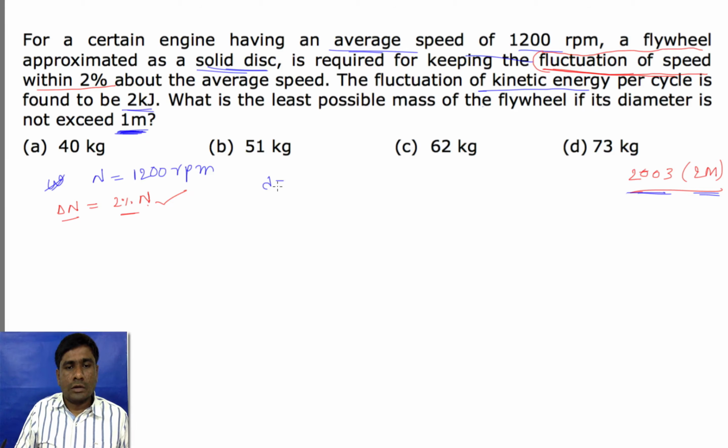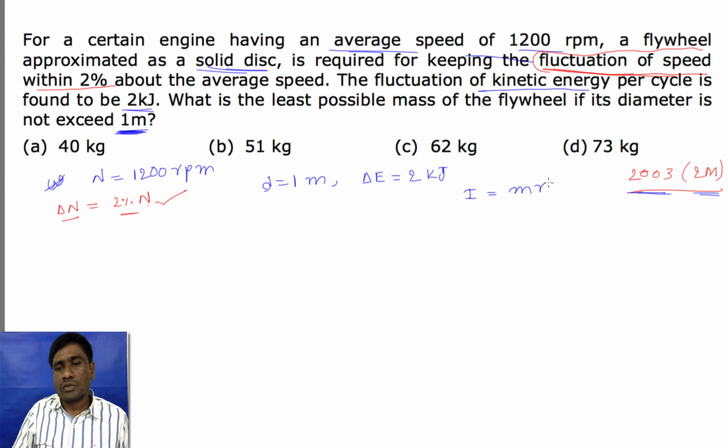So here d equal to 1 meter, that's given, and delta E equal to 2 kilojoules is also given, and the average n is given, and we know I for a solid disk equal to mr square by 2. So a simple one.